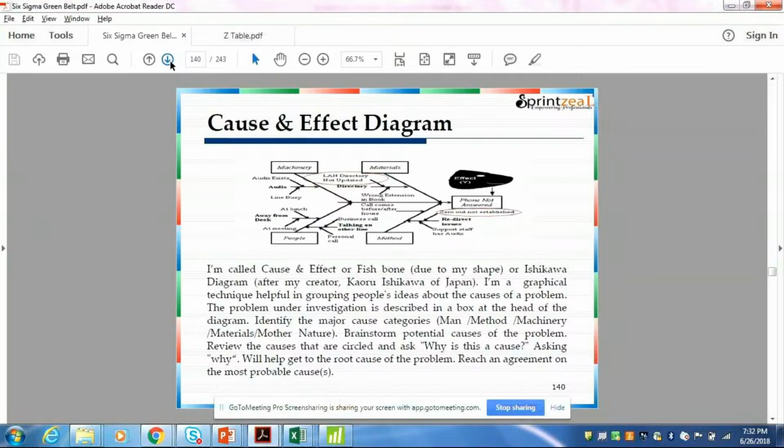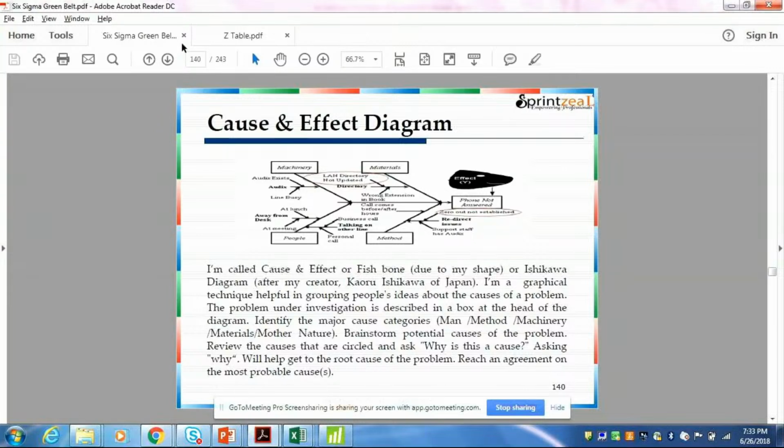These categories are man, method, machinery, material, Mother Nature, and there's a 6th one as well, which is... man, method, machine. I often forget because it has been customized so much. Nobody uses 6 M's anymore.